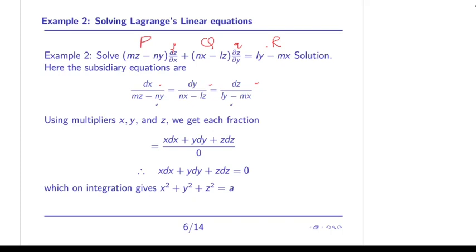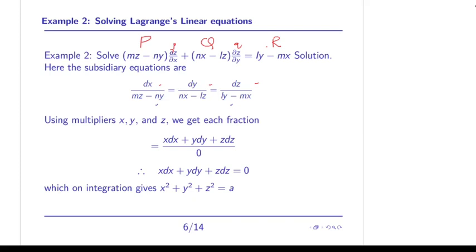Okay, first of all you have to look at this subsidiary equation. If you can group and eliminate or collect variables together, that is fine, but here it is a bit difficult to collect the variables and do the direct integration. So you need to use the method of multipliers. You can use multipliers x, y, and z.